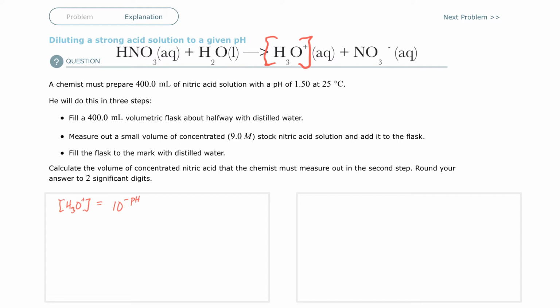So we need moles. It gives you a pH of 1.5, so you're going to say 10 to the negative 1.5.